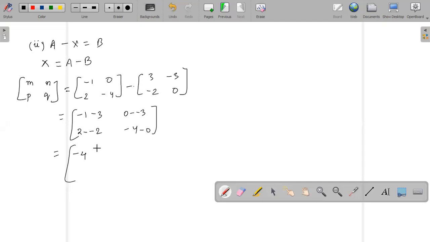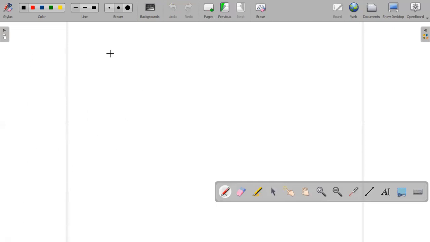So -1 -3 is -4, 0 -(-3) is 0 plus 3 which is just 3, 2 plus 2 is 4, and here it is -4 -0 is -4, and this is our answer, means matrix X is this. चलो, वेरी सिंपल.